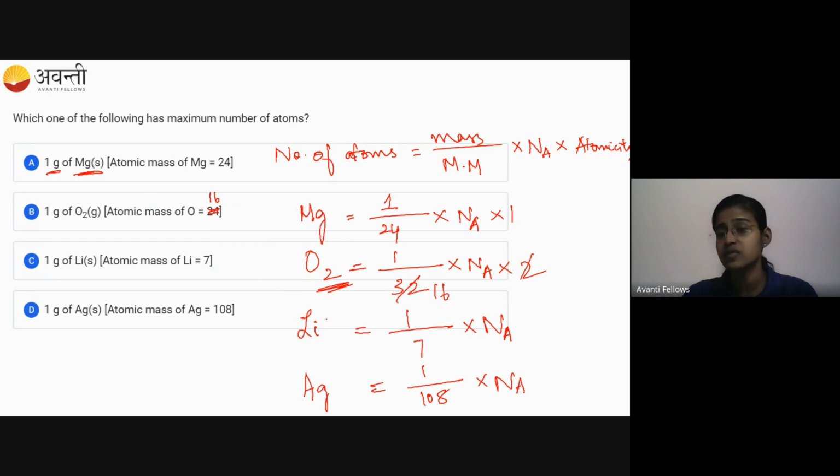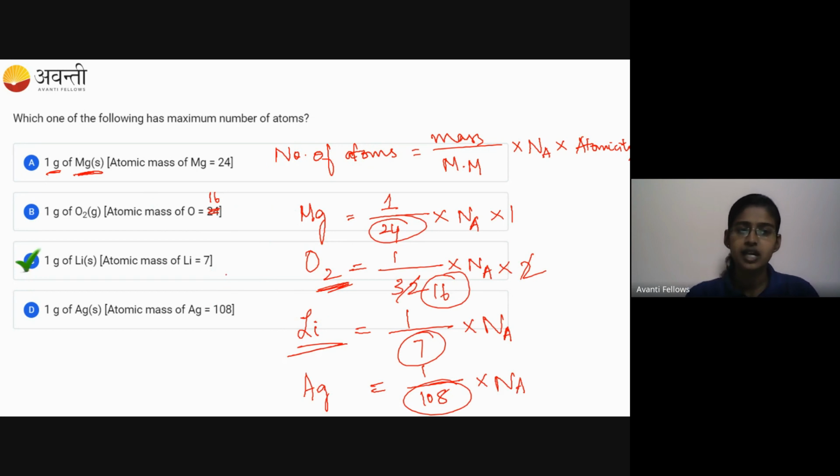If the denominator is very less, then the answer will be more, right? So if you compare, here we have 24, 16, 7 and 108. The one which is having the least number, that is lithium, will have the maximum number of atoms. So option C is the correct answer.